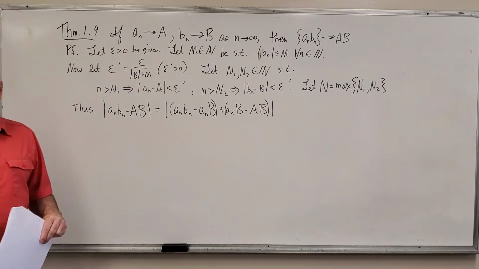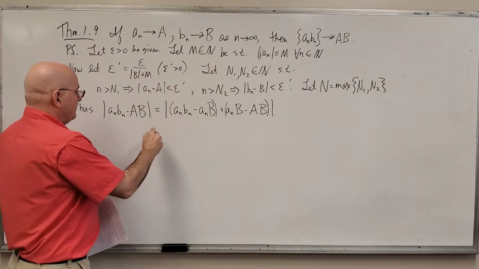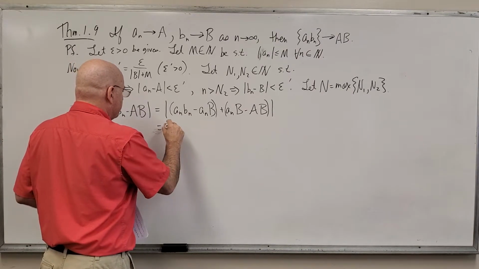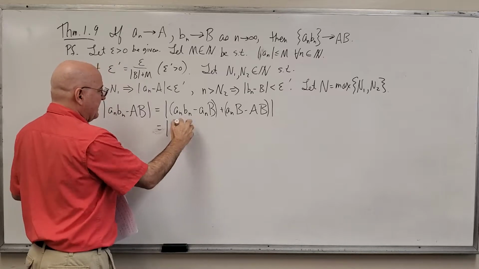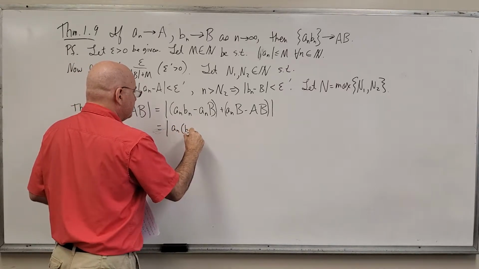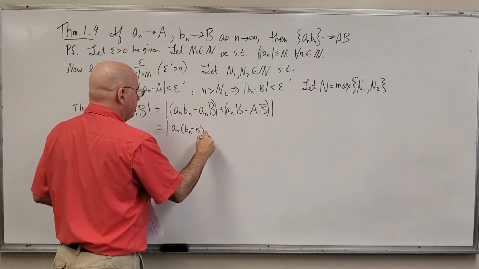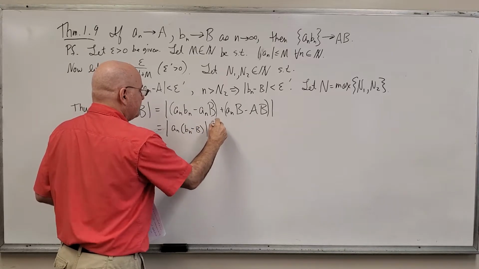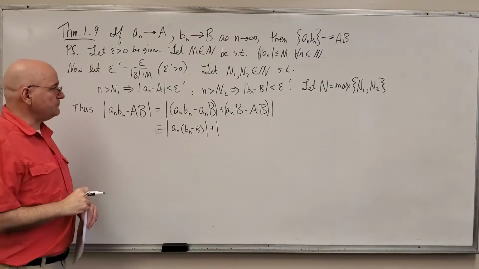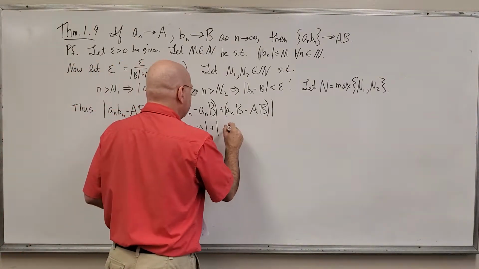Well, notice in each one of those terms you can factor something out. So let's factor it out. This has an an in it. And that would be an times bn minus B, plus, I'm doing two things in one step here. I'll ask you what it is when I'm done here.